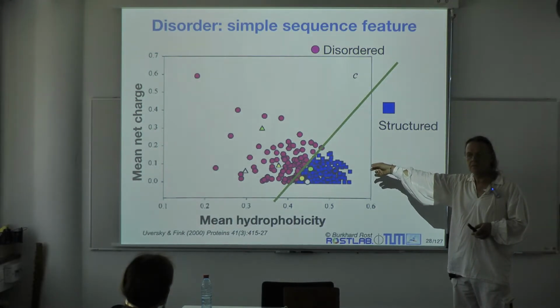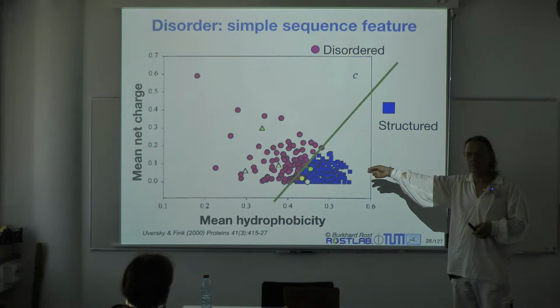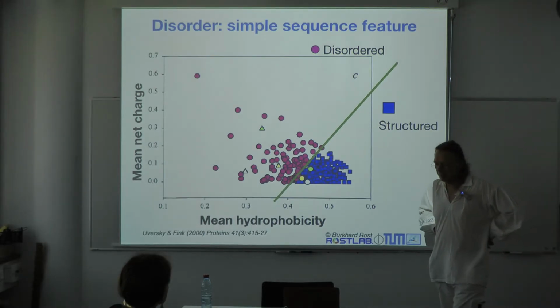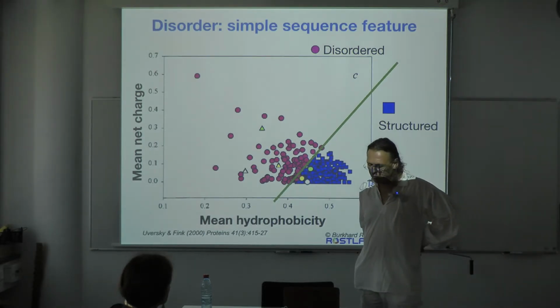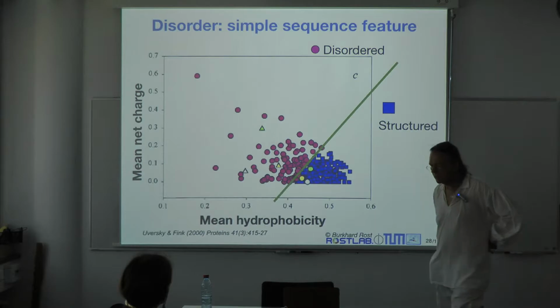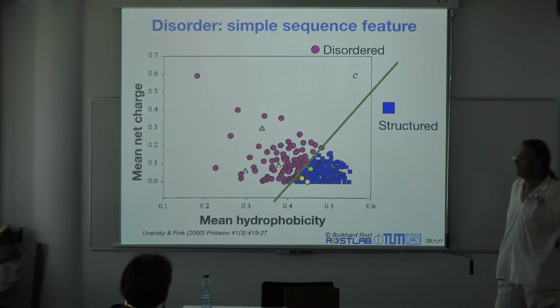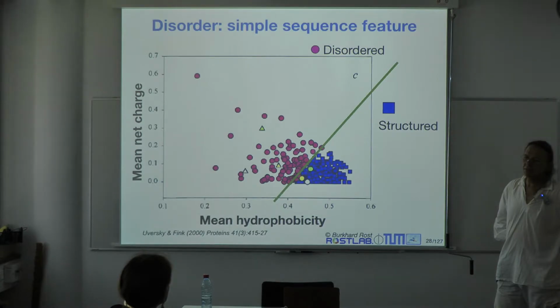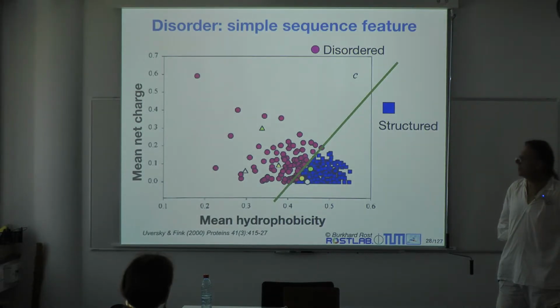What was your comment? I was just going to say, how do you really know that it's really disordered? Yeah, that's a problem. I'm sorry, I made a mistake in the way I structured the talk. This is completely illogical given my structure. Yes, so let's just assume that for some proteins we have experimental evidence that they are unstructured.